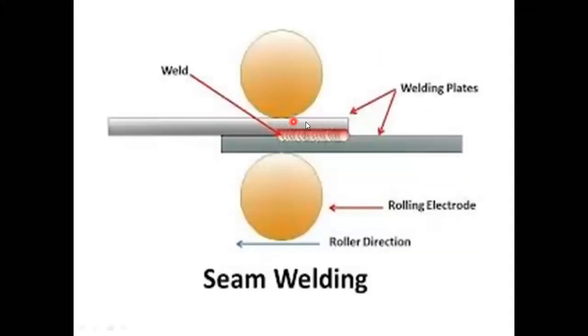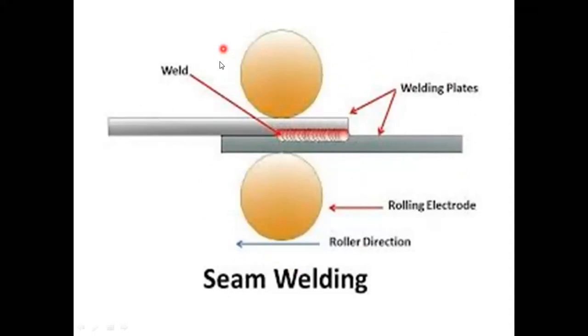Next I am going to seam welding. Seam welding is just like spot welding, but the electrode is replaced with a roller. This is a roller, and this is also a roller. These rollers are made of copper, and they can rotate in this direction.